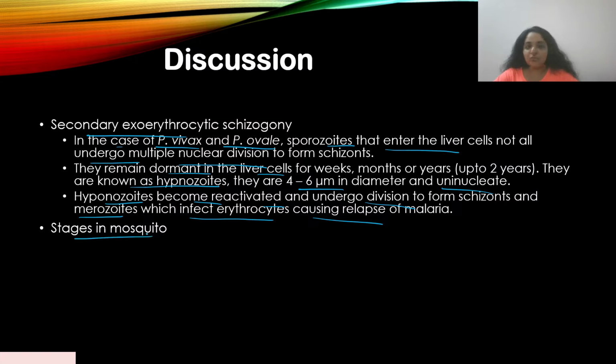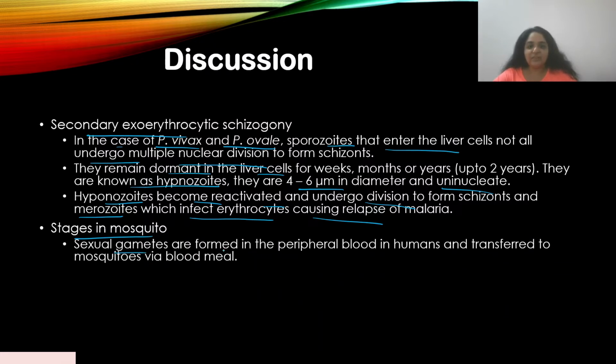Stages in mosquito. So now what we have seen are the 4 stages in humans, right? We saw that till the end it has formed the male and the female gametes. Of course, it needs to continue its next generation, right? So the female and the male gametes will be formed, and they are formed in the erythrocytes.